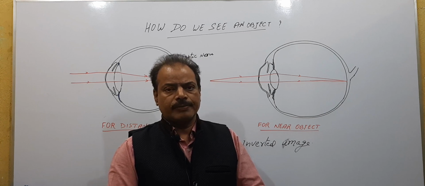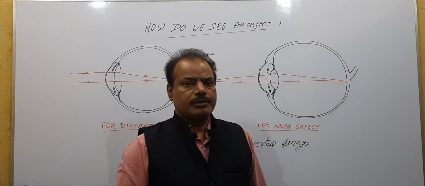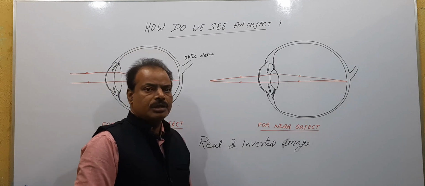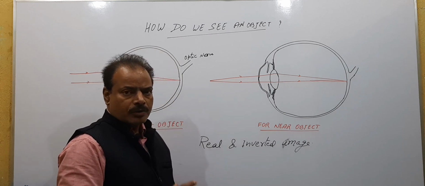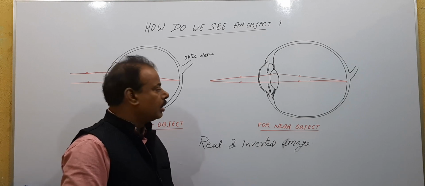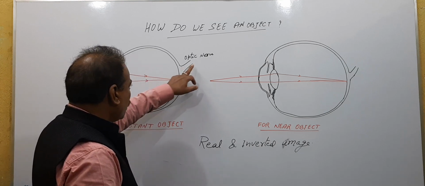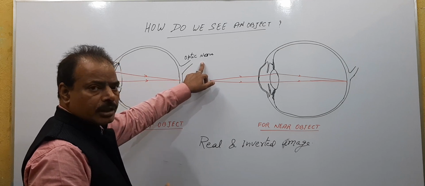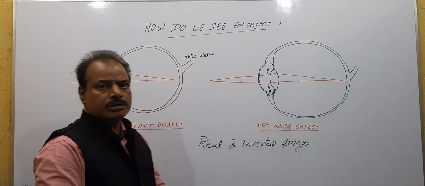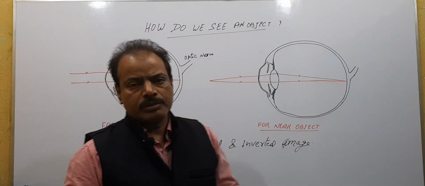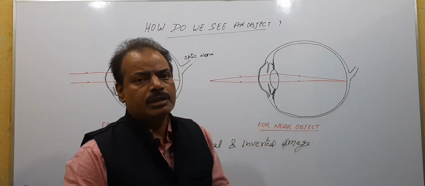So interpretation takes place in the cerebrum, and after it we can see objects clearly, and the optic nerve helps in carrying the messages from the retina to the brain, and in this way we can see an object.